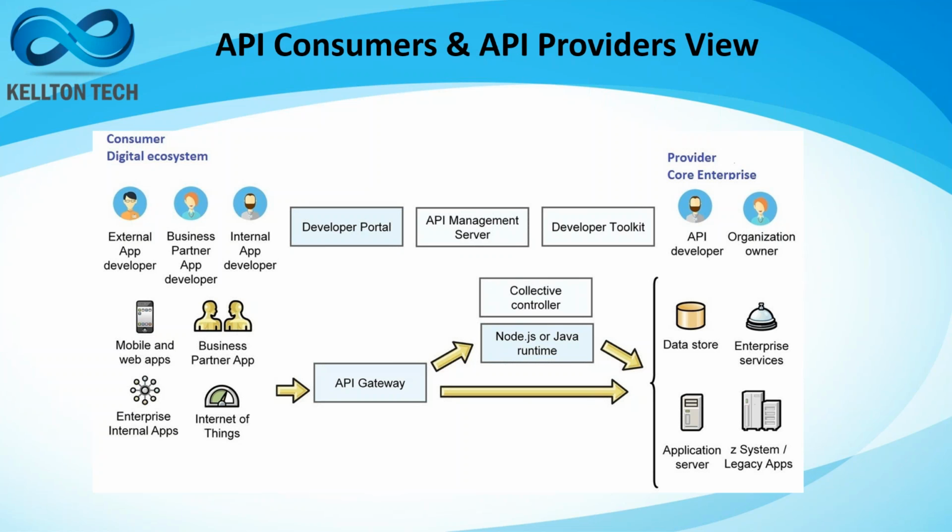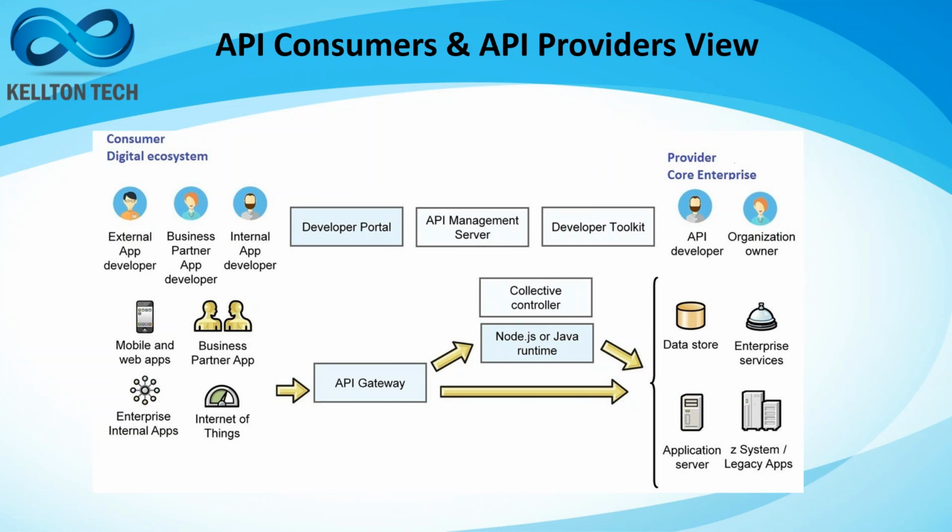On the right side, you have the core enterprise, where you are strong standards, data, messaging, goes out of the system. The existing set of applications in the core enterprise are the ones that provide the implementation for these APIs.